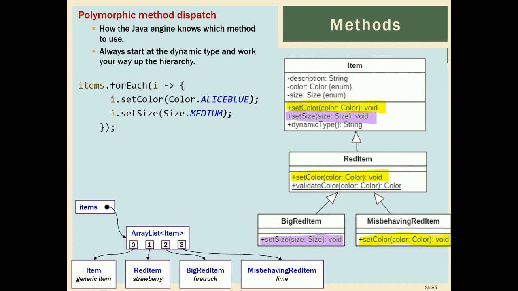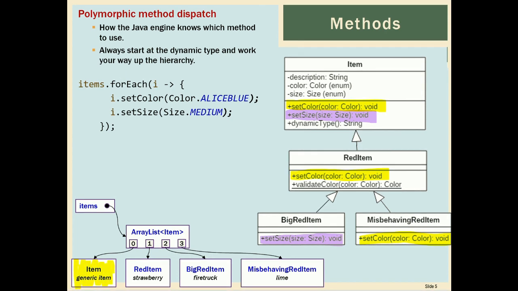The way polymorphic method dispatch works is, as we pick up an item, we first go to its dynamic type to see if it has the method. So we'll start off with item. Item is the dynamic type. We will go immediately looking at the class, and there is the setColor method that we will run. In this case, we'll just set the color to be whatever you pass it.